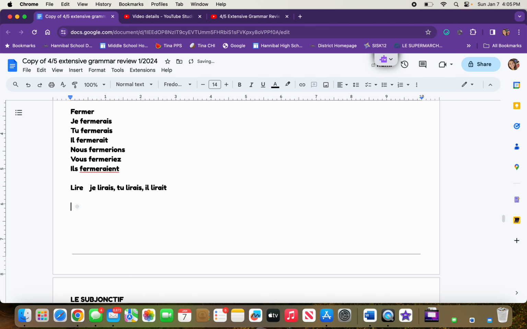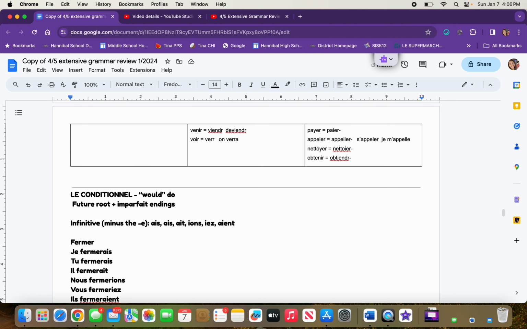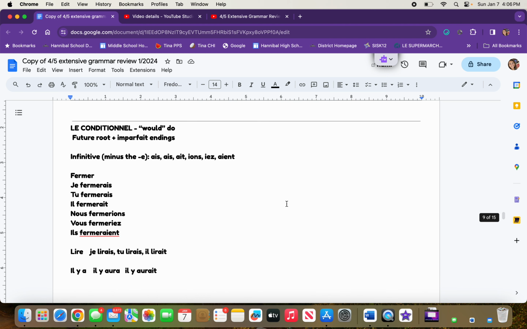In the present tense, it's il y a. In the future, we saw il y aura. So instead of there is or there are, there will be. And now il y aurait, there would be this thing that happened if certain conditions were met. There are no other exceptions to those. You are either using the infinitive or you're using the future stem that was irregular, and you are always using these endings. So that's all I have to say about le conditionnel.